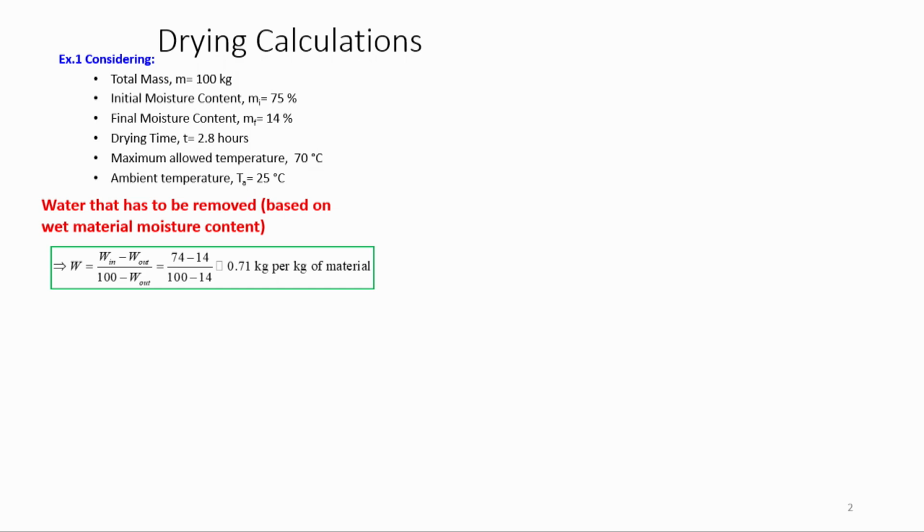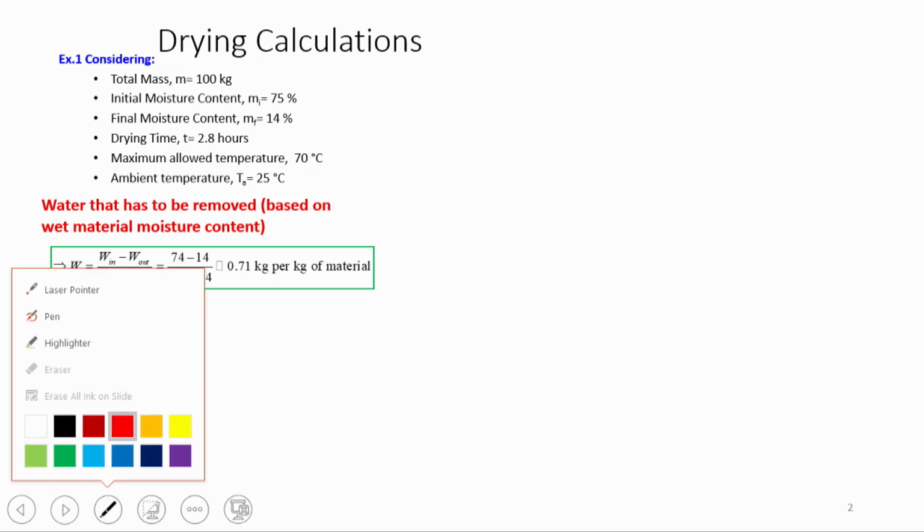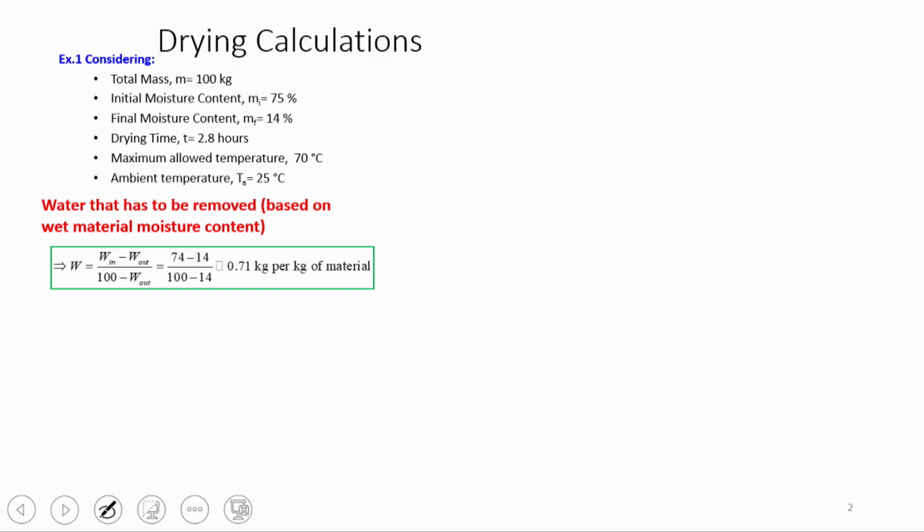the moisture content we had considered is 74, actually it should be 74. Then your W will be 0.71 kg per kg of material, right.